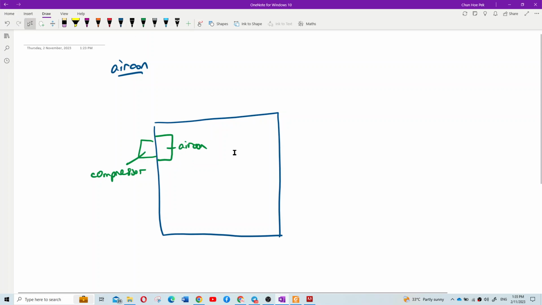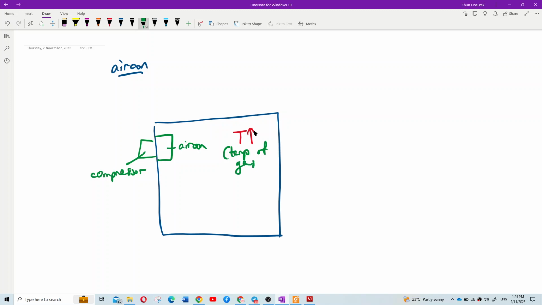So the function of the aircon: initially the room is very hot, the temperature is very high. Do you know how to lower the temperature in the room? This is the temperature of the gas inside the room, right?